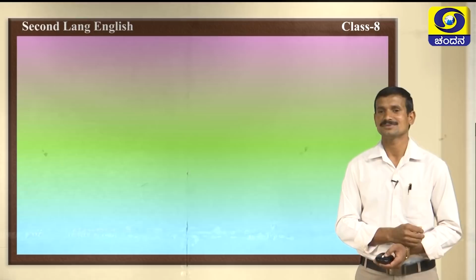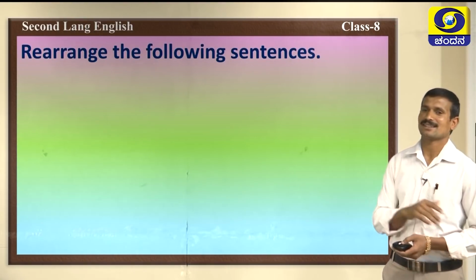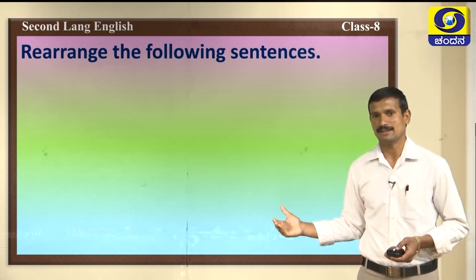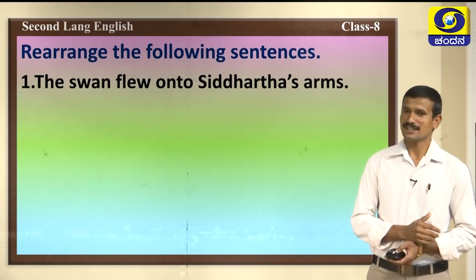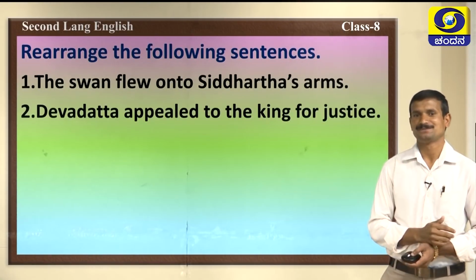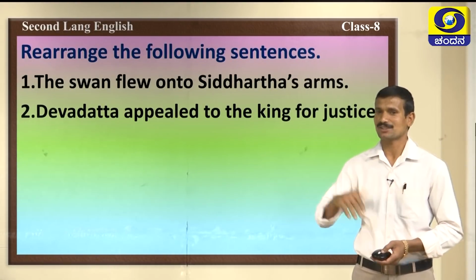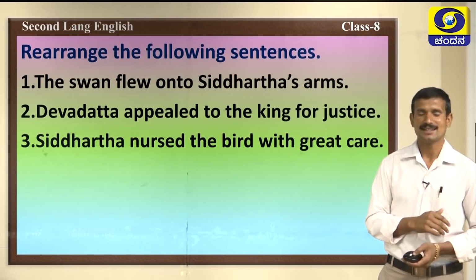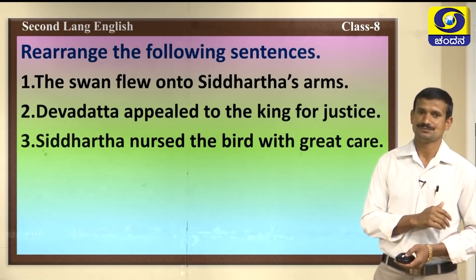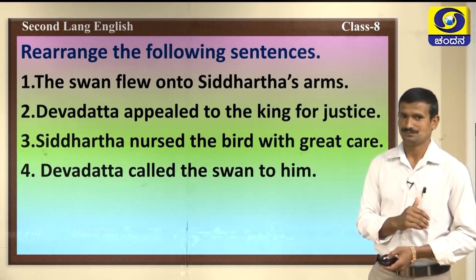Now, next activity, rearrange the following sentences. You should rearrange the play according to the events. First one, the swan flew onto Siddhartha's arms. Next one, Devadatta appealed to the king for justice. Then, Siddhartha nursed the bird with great care. Next, Devadatta called the swan to him.